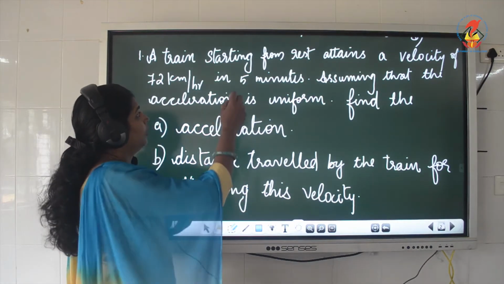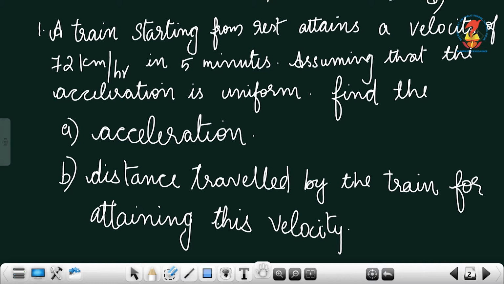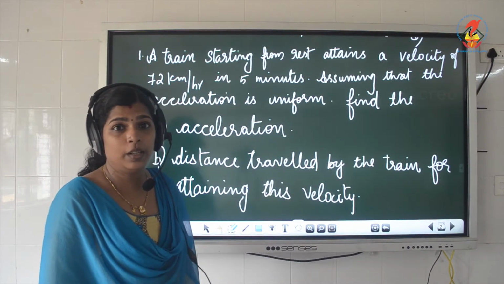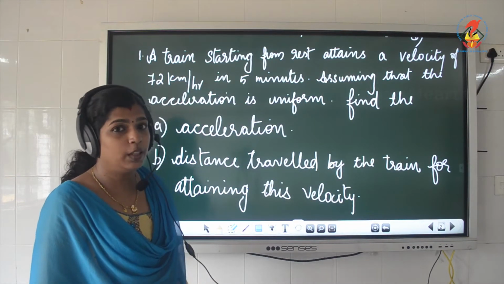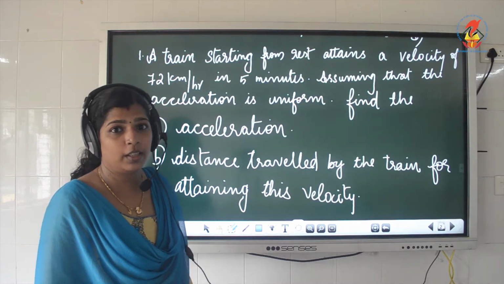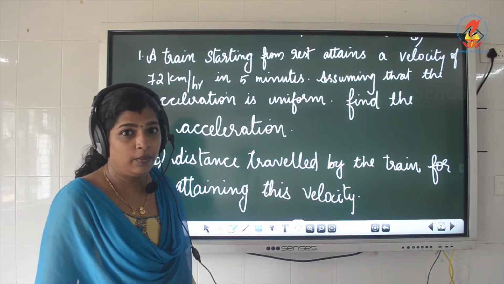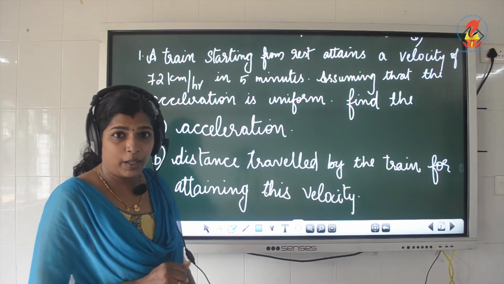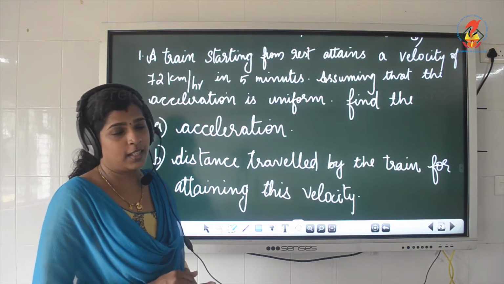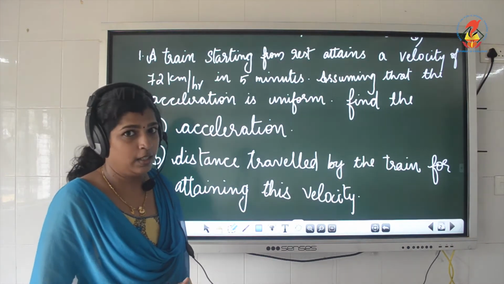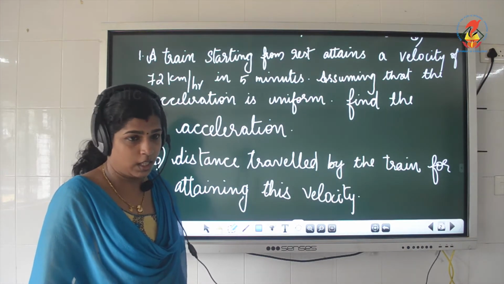Now, time is given in minutes. It should be converted into SI unit, that is seconds. How will you convert minutes to seconds? Multiply by 60. Okay. So, 5 into 60, that much seconds.